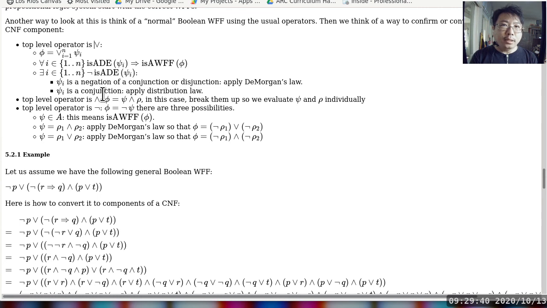If psi I is a conjunction, then you apply distribution. In other words, if it's a conjunction of something, then you apply distribution. Now, what if it's a conjunction of just regular terms?